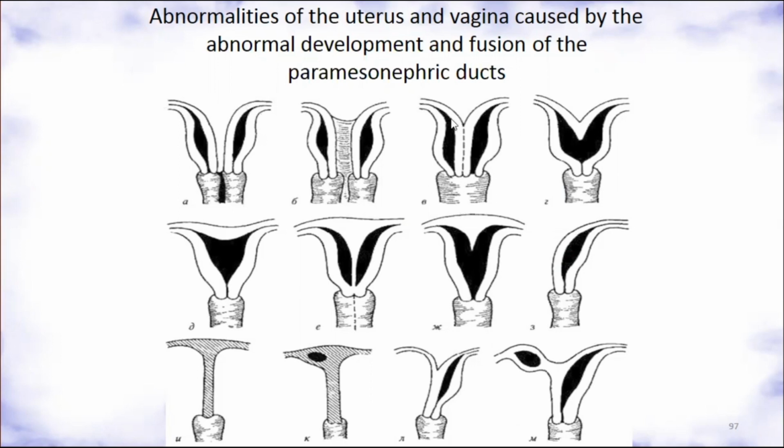Sometimes there is one vagina but two uteruses, or bicornuate uterus with incomplete fusion, or uterus with septum, or only one paramesonephric duct remains and the other disappears, so uterus has only one fallopian tube, or one fallopian tube is obliterated, or these ducts may not be developed at all and only vagina will appear. So different kinds of abnormalities may occur at this stage of development. It's the result of incomplete or broken fusion of the paramesonephric ducts.